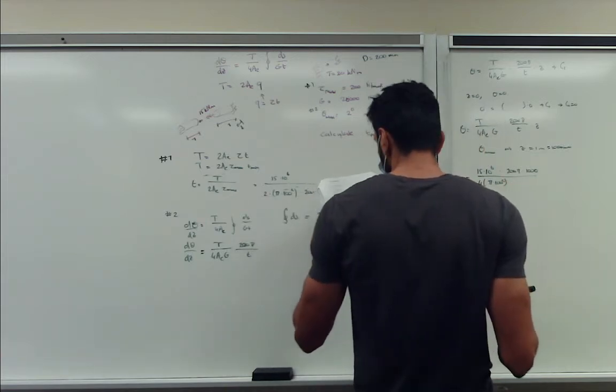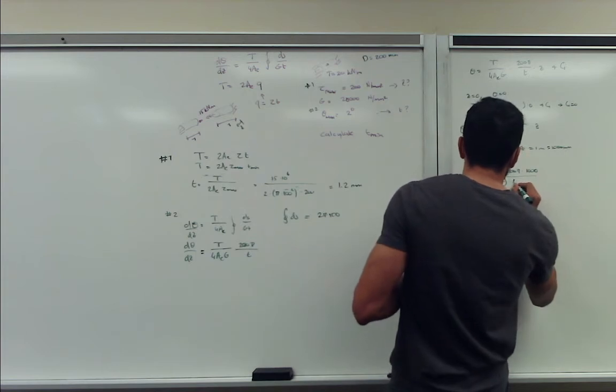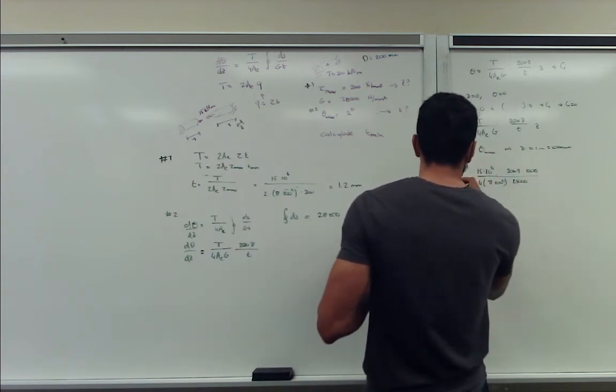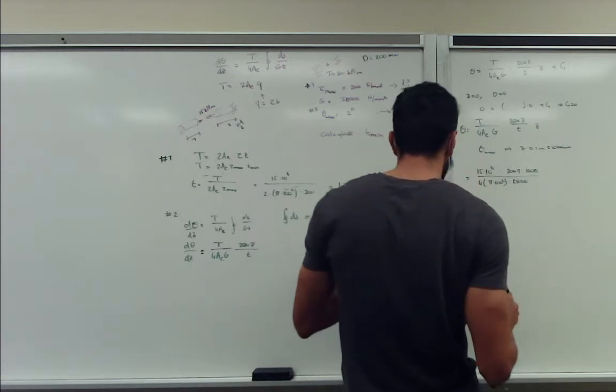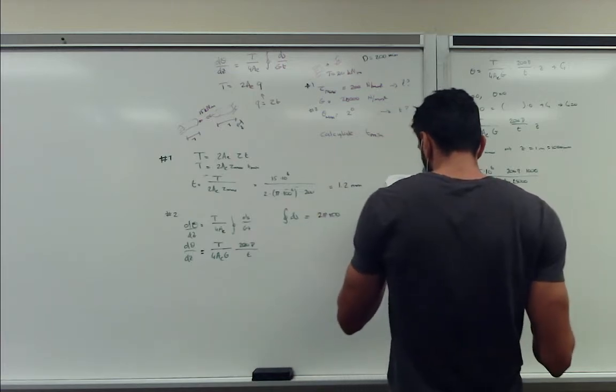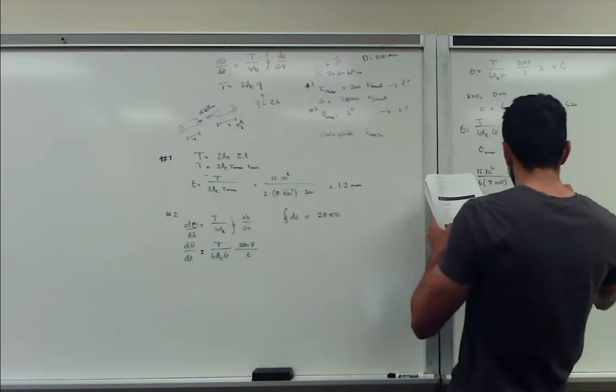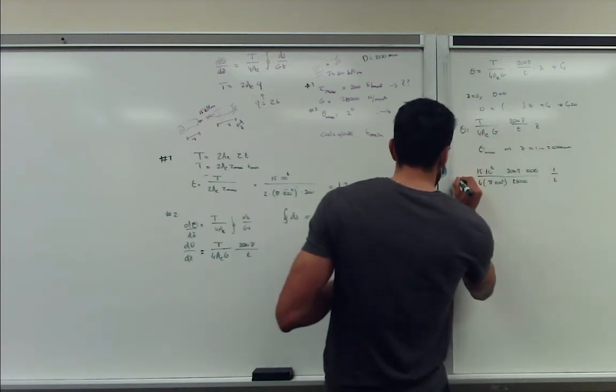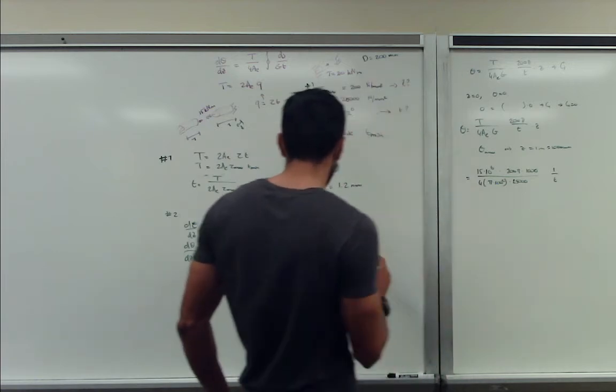Then we multiplied by 25,000, that's our shear modulus, and that's our theta. And we still have our 1 over thickness here. And this is theta. And theta was 2 degrees.